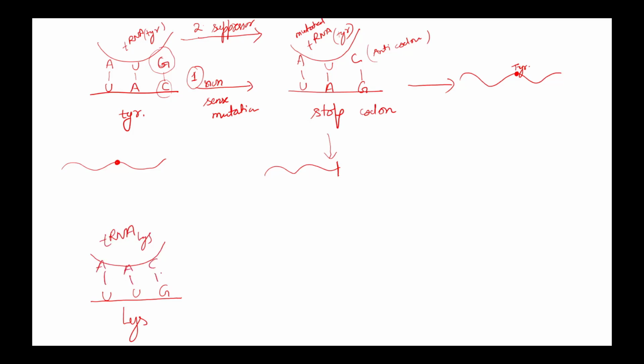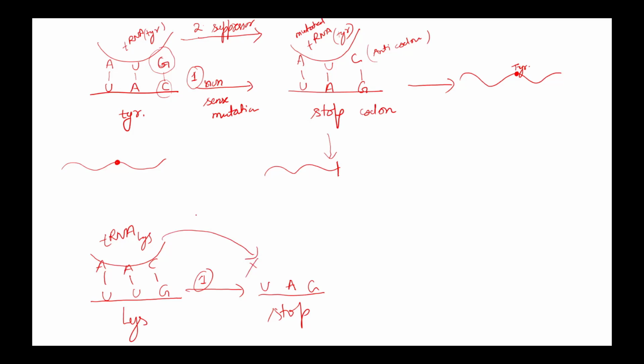Now this undergoes the first mutation, that is the nonsense mutation. So now it becomes UAG, which is a stop codon. Now this tRNA cannot recognize this codon sequence.